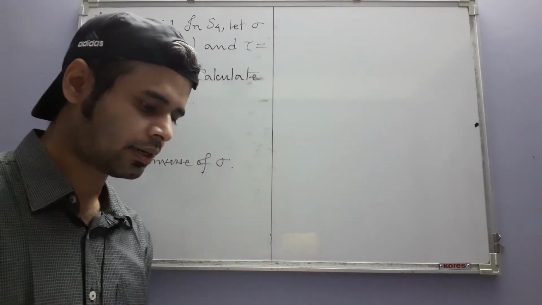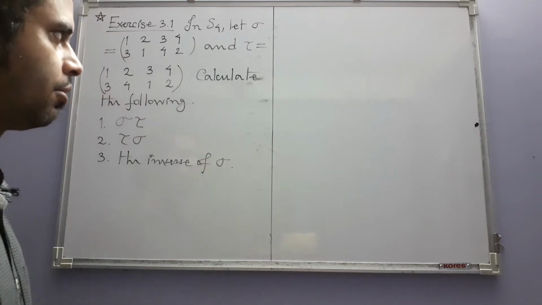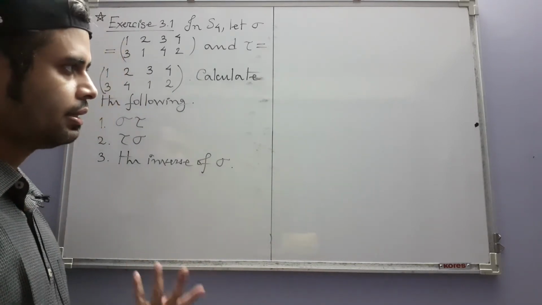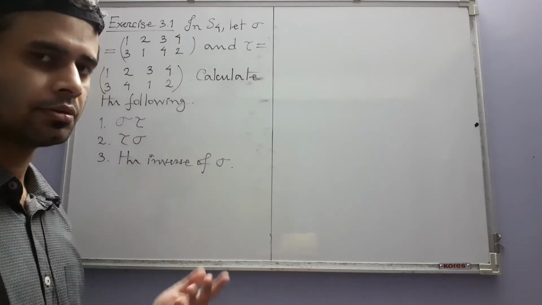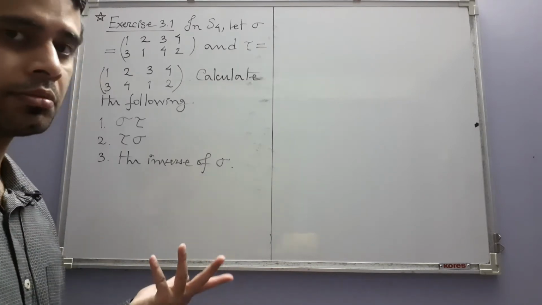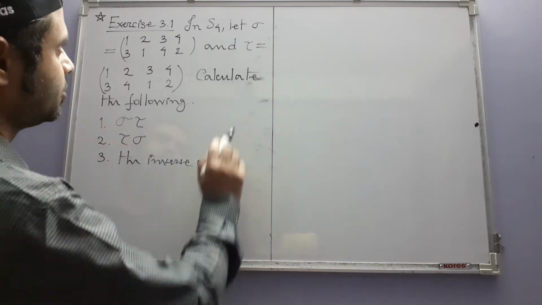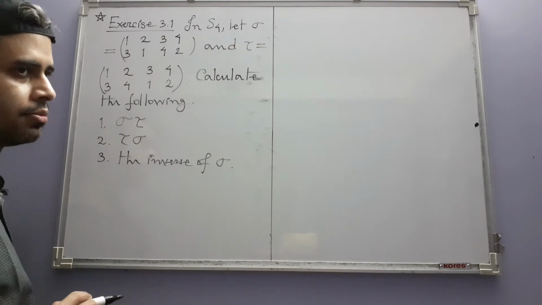Okay, so we have finally come to some group theoretic exercises. Although these first preliminary ones don't exactly involve any general group theoretic things which are yet to come, they start with permutations. And in this one, we are given two permutations, sigma and tau, in S4.